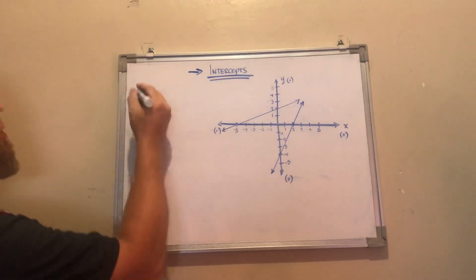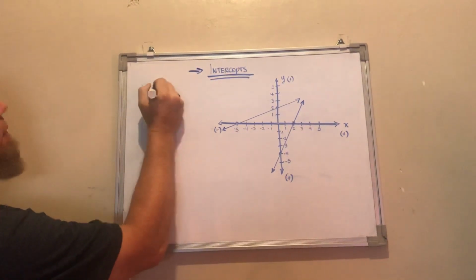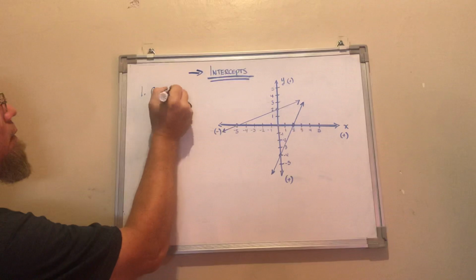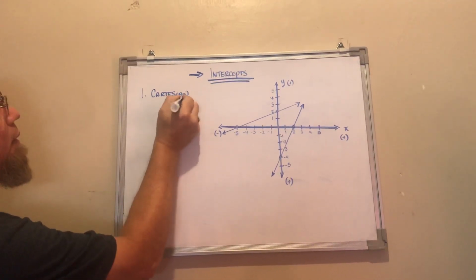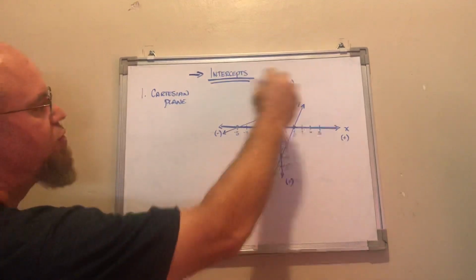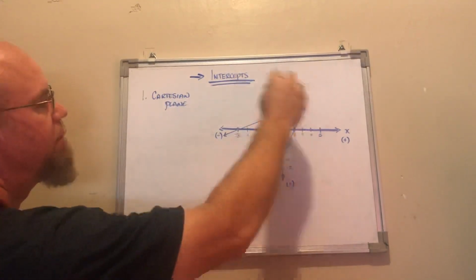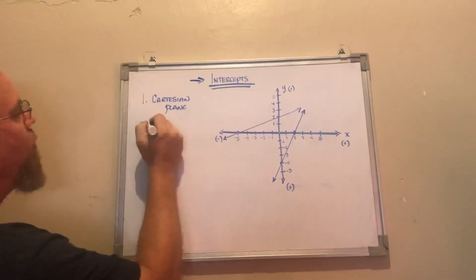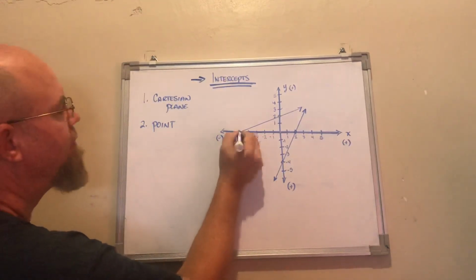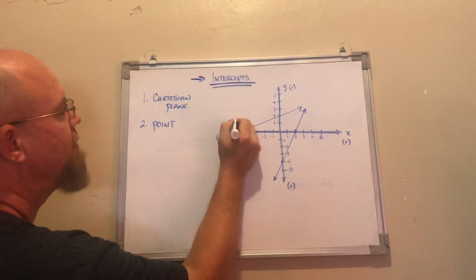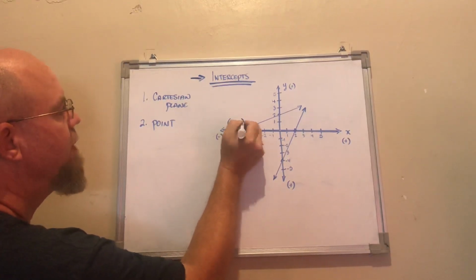Now, we've already looked at the Cartesian plane, and that is this graph. We've also looked at what a point is. Here I've got a point, which is -5, 0.